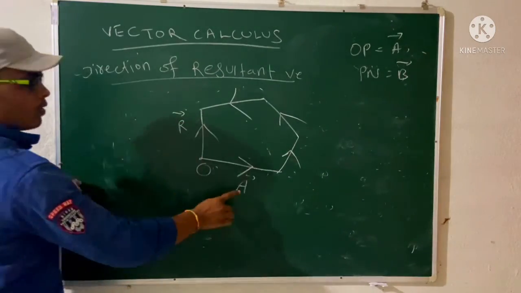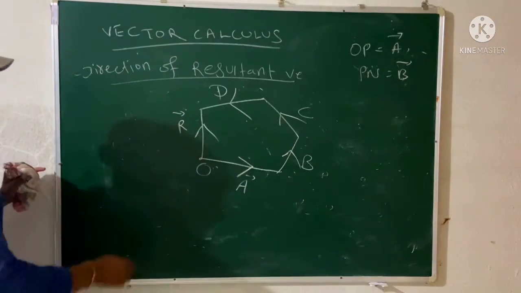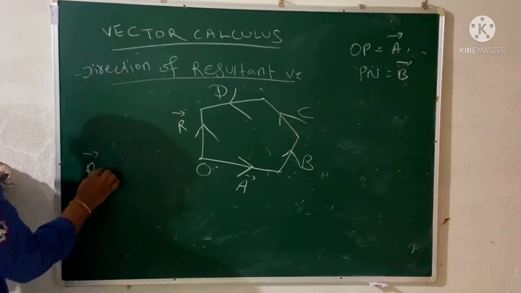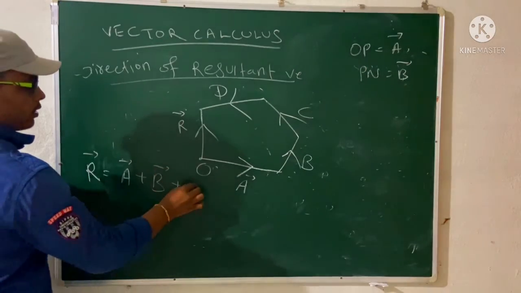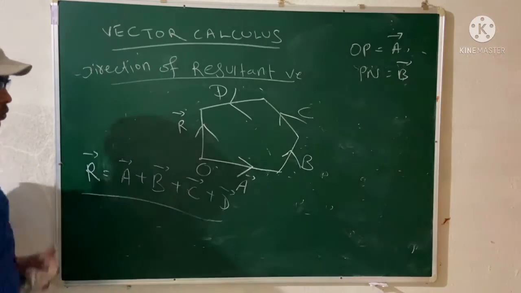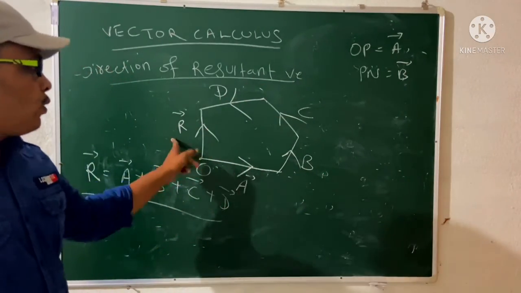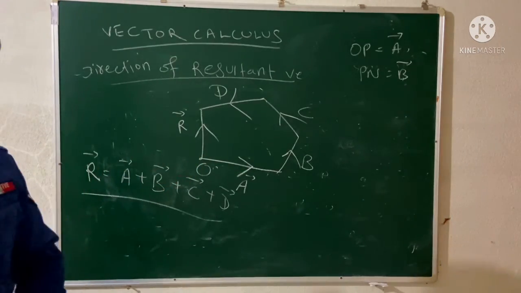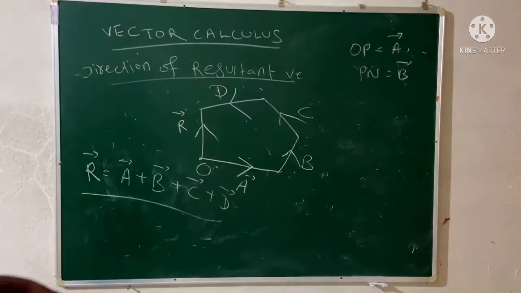So this is the R vector, and R will be A vector plus B vector plus C vector plus D vector. Remember this. All are moving in the same direction, and R moves in the opposite direction back. These are the remaining parts of vector calculus.